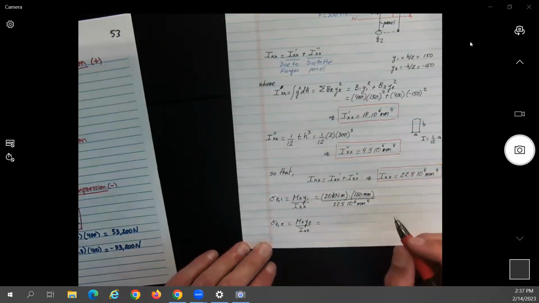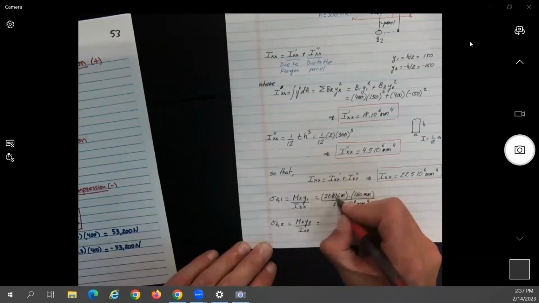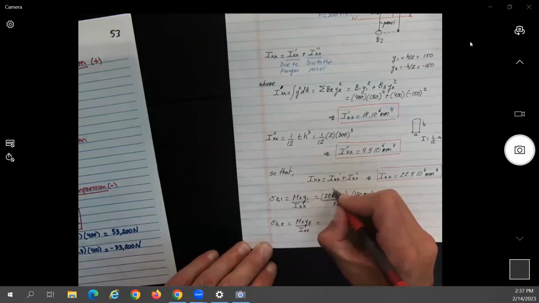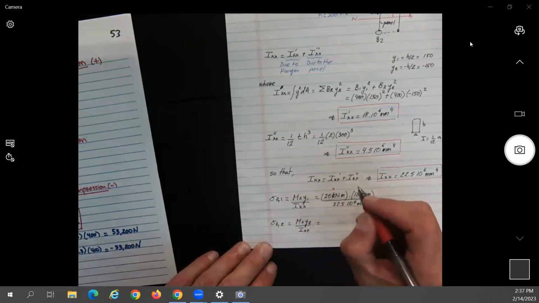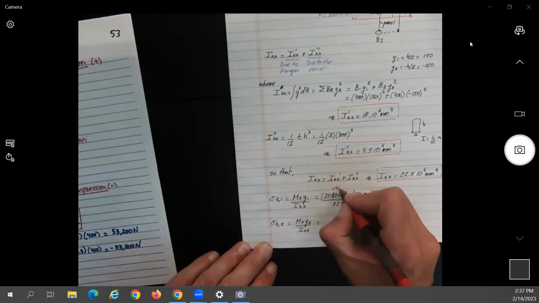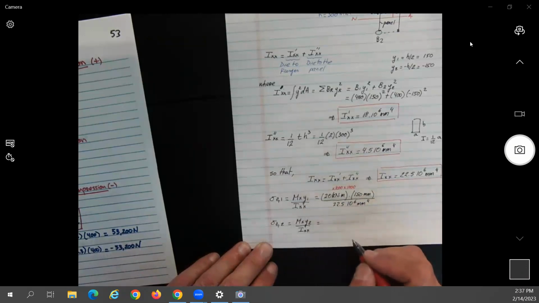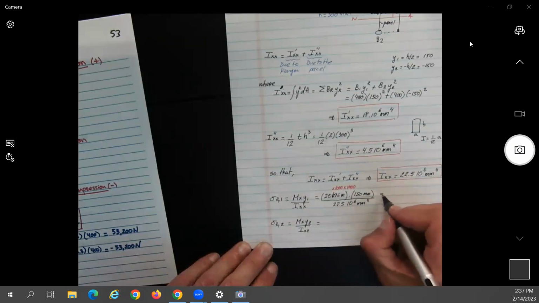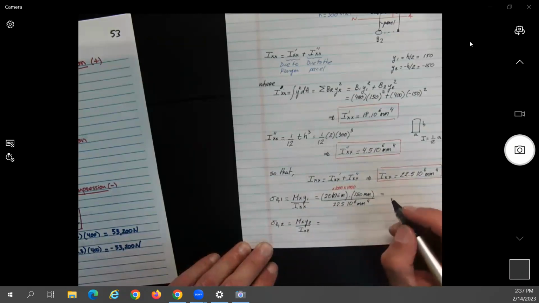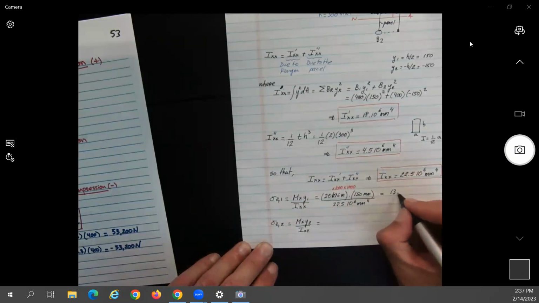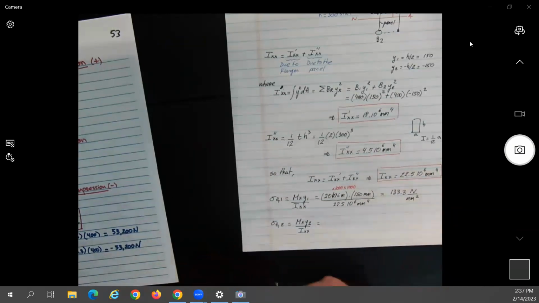So what do we need to do with this term? Millimeters. Correct. So we need to convert first to newtons and millimeters, no? Okay, and if you do this calculation, you get 133.3 newtons per square millimeter.